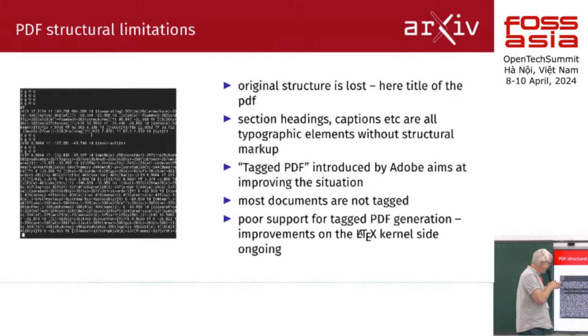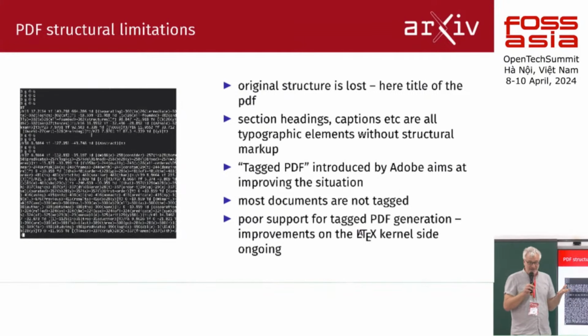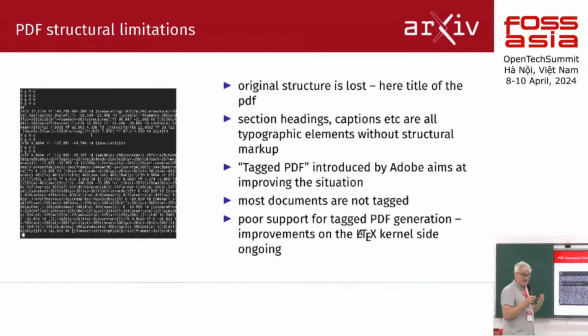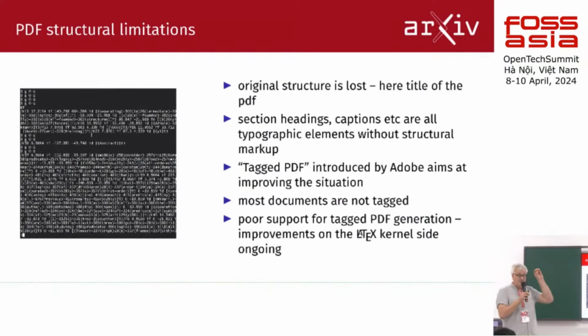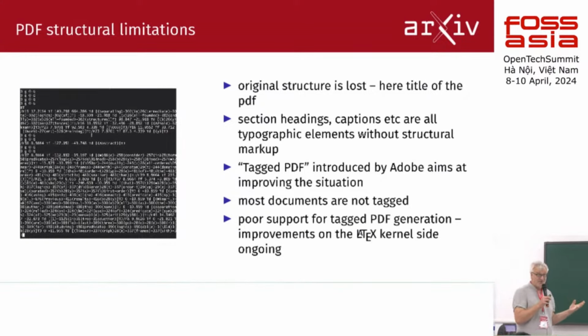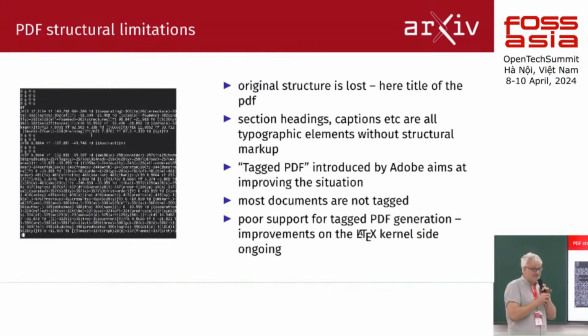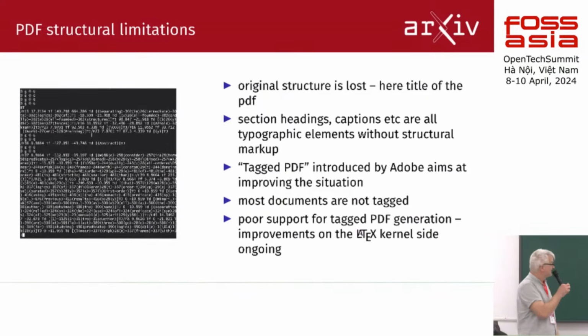And there is no structure in here. The structure in PDF is completely lost. So it's just put the letter here, put the letter here, put the letter here. That doesn't help people who want to have something that is accessible, because you want to know section, paragraph, I want to go to the next paragraph, I want to look into formulas. So section, heading, captions, these are all just typographic markup, nothing else.